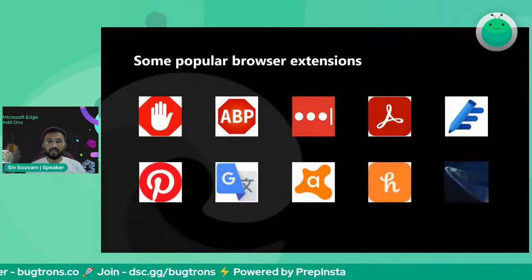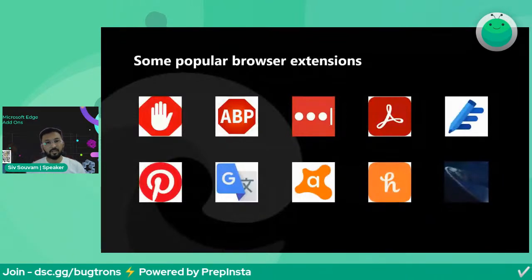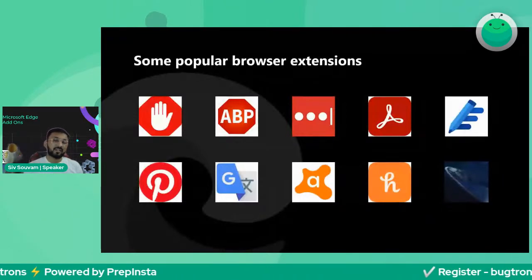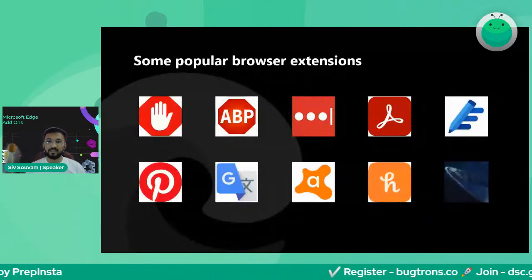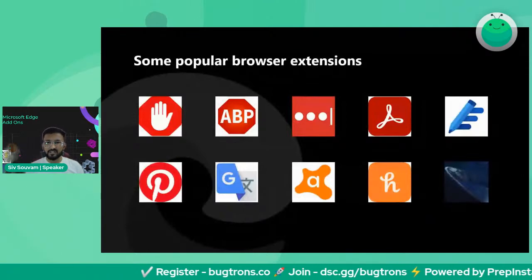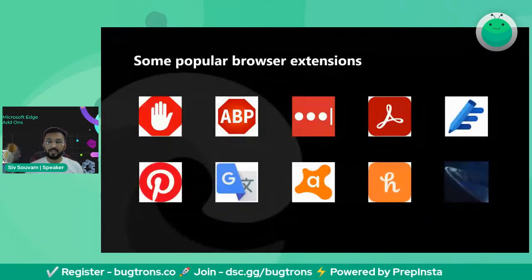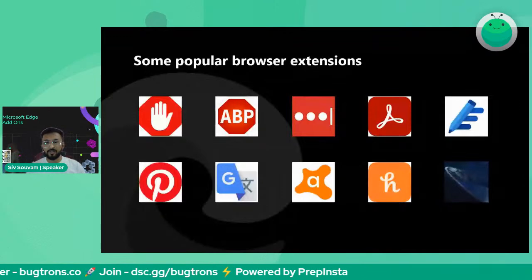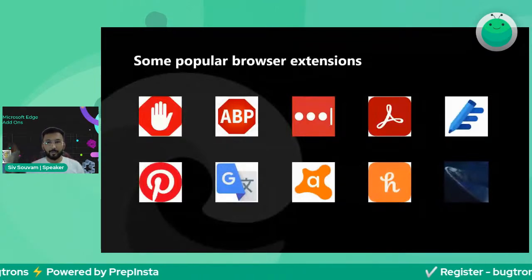So it's famously used across the globe. Then comes Avast. It helps you in a safe browsing experience. Then comes Honey. It's also an interesting extension which helps you get good deals from shopping websites. If you haven't used it by now, you can, although I'm not promoting it.